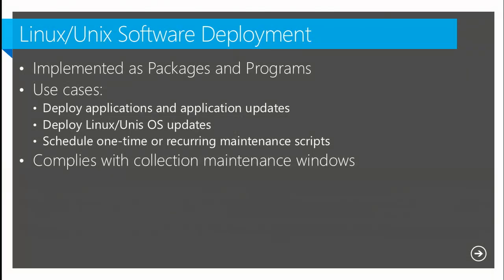And packages and programs continue to be the best way to do that kind of non-application delivery type scenarios. Fortunately, leveraging our packages and program infrastructure, our software distribution, you're able to achieve many of the scenarios through software distribution that we don't have native experiences for, including OS deployment, OS update deployment, app update deployments, and then, of course, complying with those maintenance windows.